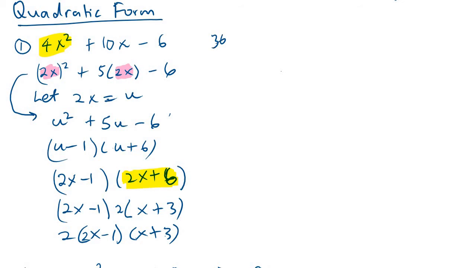I have 36x squared, plus 78x, and then plus 42. All right.